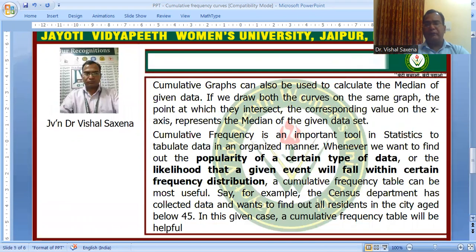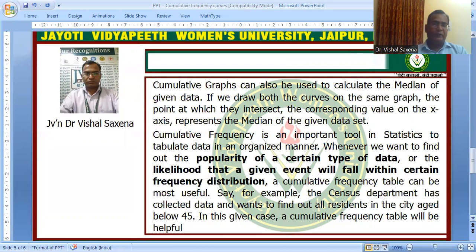Now one important thing we are going to discuss is the concept of median for the cumulative frequency curve. Cumulative graphs can also be used to calculate the median of a given data set. If we draw both the curves on the same graph, the point at which they intersect, the corresponding value on the x-axis, shows the median of the given data set.